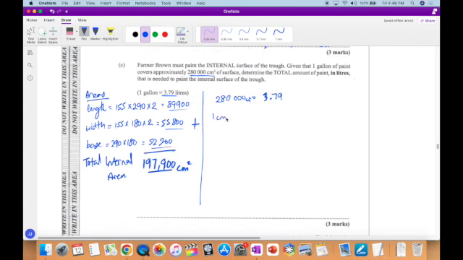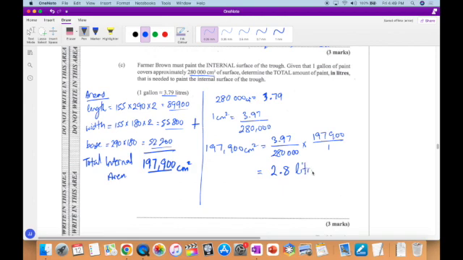So 1 cm squared will be 3.97 liters divided by all of that, which is quite a small number, and therefore 197,900 cm squared will be 3.97 all over 280,000 multiplied by 197,900 all over 1, and we end up with approximately 2.8 liters. Since we already converted it to liters, the answer will be in liters.